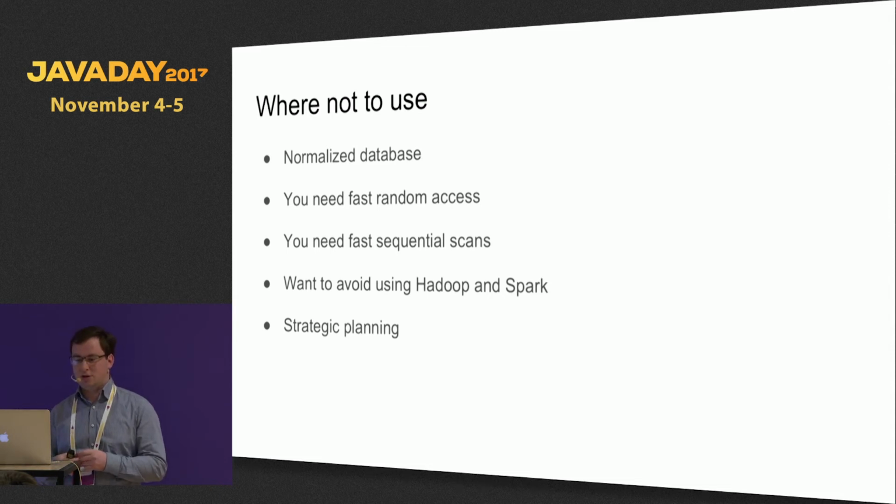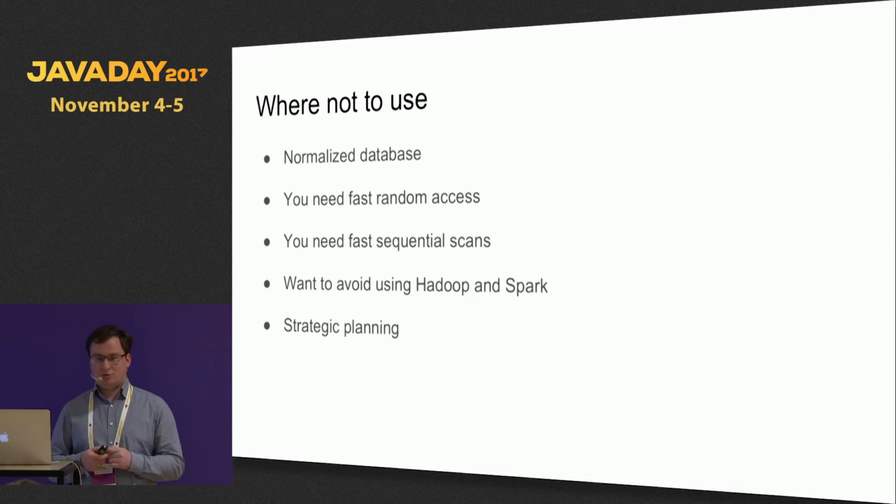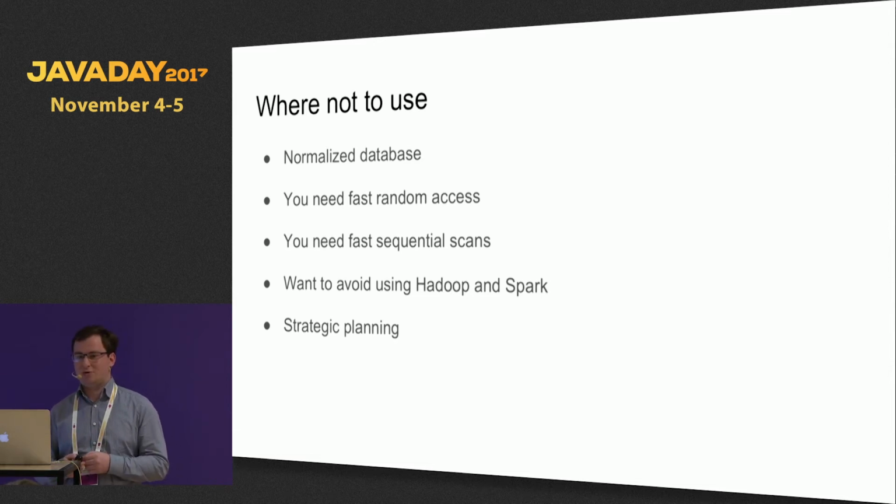If you want to avoid Hadoop and Spark, unfortunately, Kudu depends on the Hadoop stack, so you don't have an ability to choose something else. And when you want to do strategic planning, almost all of the time you need the whole data set. In this case, just work with Spark or ORC file formats, and that's all.